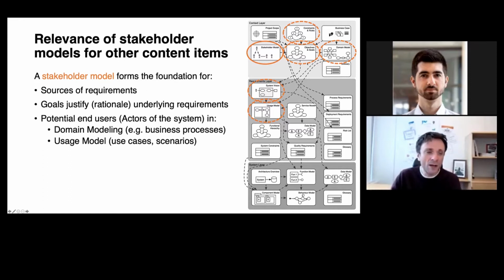But even more, a subset of the stakeholders represents the end users, and those end users we will find in later content items, for example, in the form of actors as part of my use case models, as actors as part of my business process models, the scenarios I might want to model, and so on and so forth.